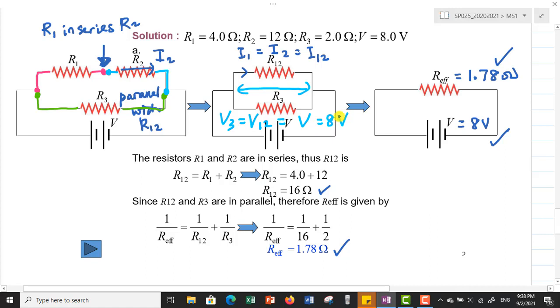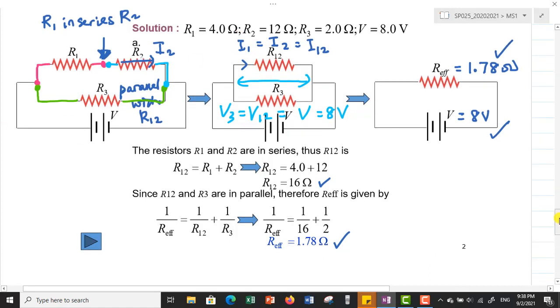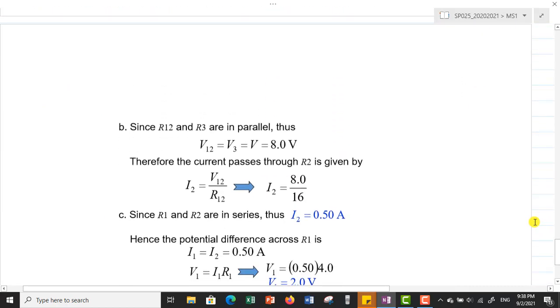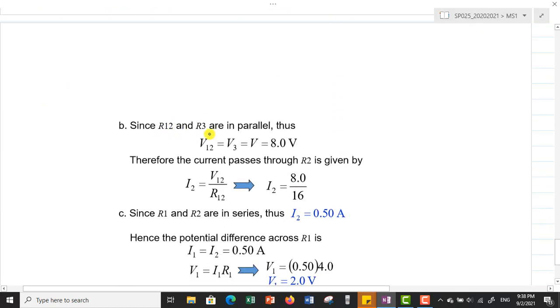Clear? So I'm going to use this to calculate the current. I can see obviously from the circuit that my voltage across resistor 3 and resistor 12 is 8 volt because they are in parallel combination. Since R12 and R3 are in parallel, the voltage across R12 will be equal to the voltage across the third resistor, or 8 volt.